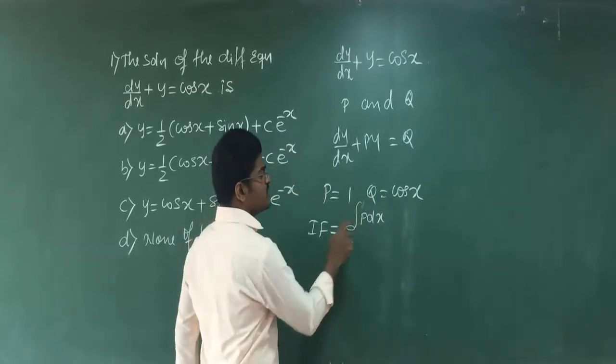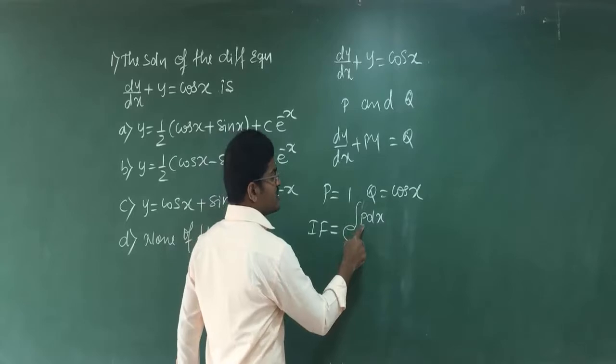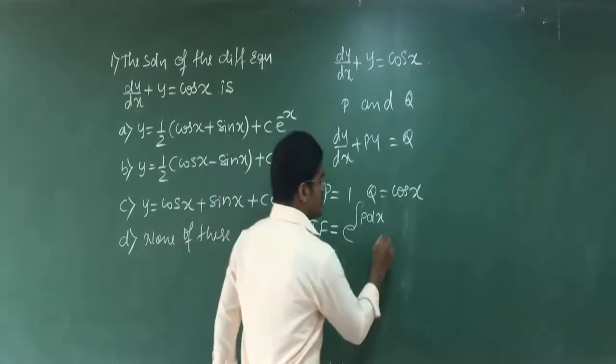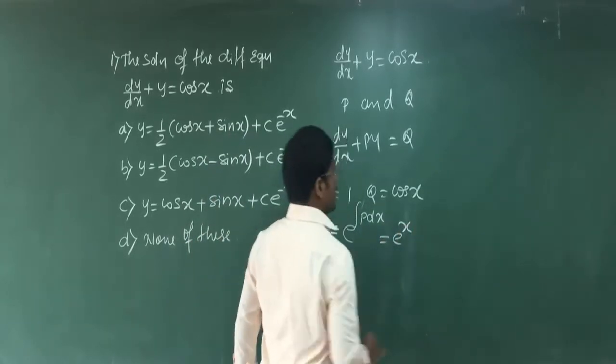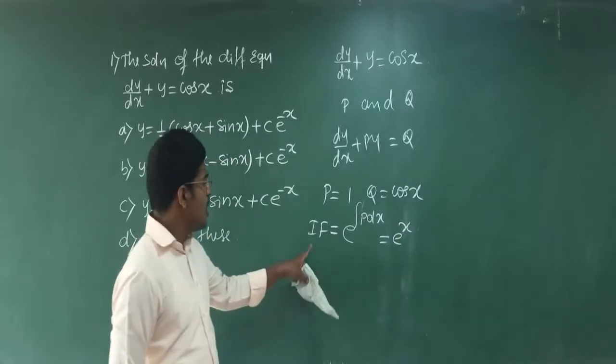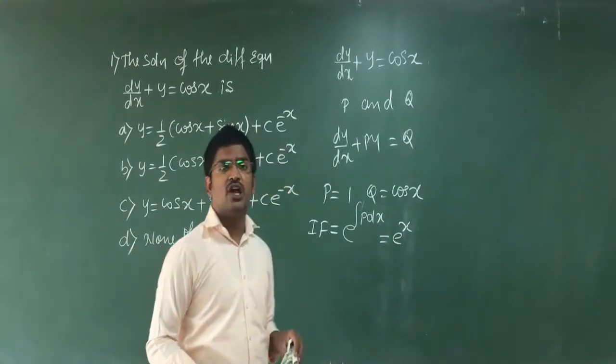So the P value is what? 1. So integration of 1 with respect to dx will be what? e raised to x. So the IF you have got is e to the power of x.